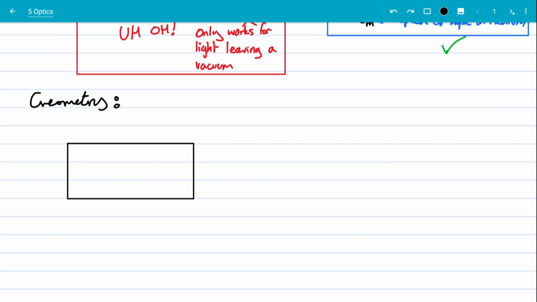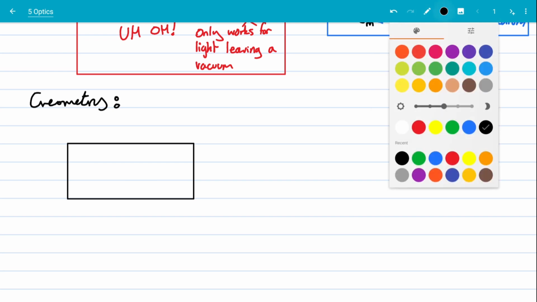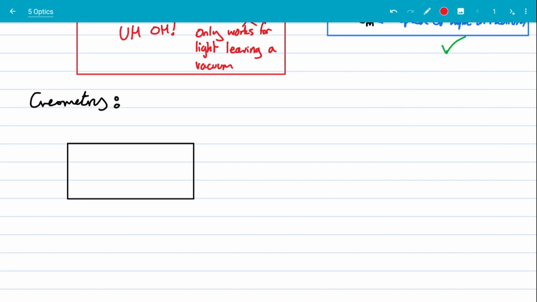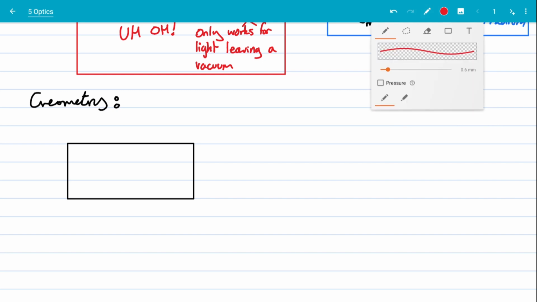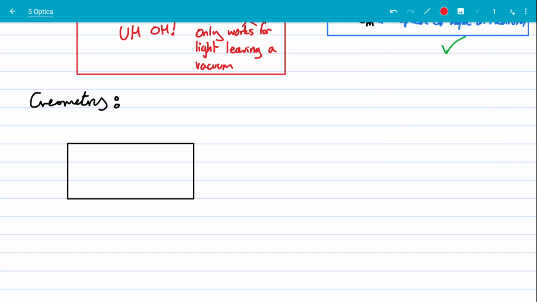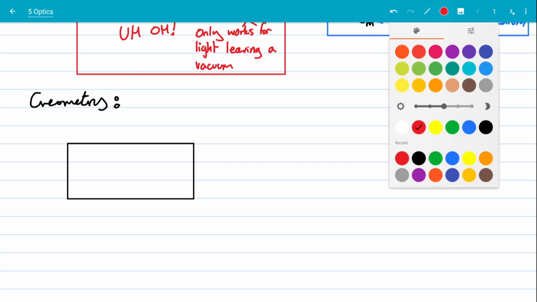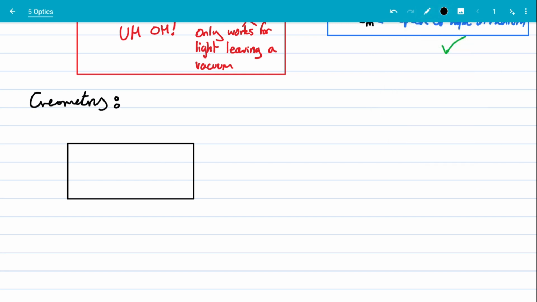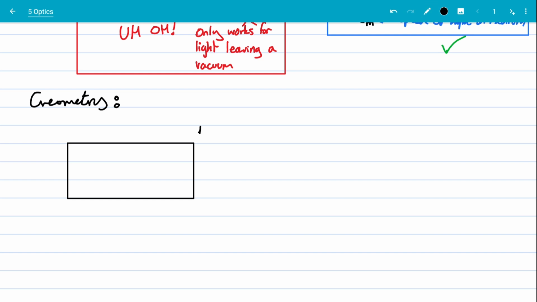It is a rectangle. And when we have our light incident on a surface of this rectangle, as long as the outside medium is the same all the way around and the inside medium is the same, let's call outside medium 1 and inside medium 2.